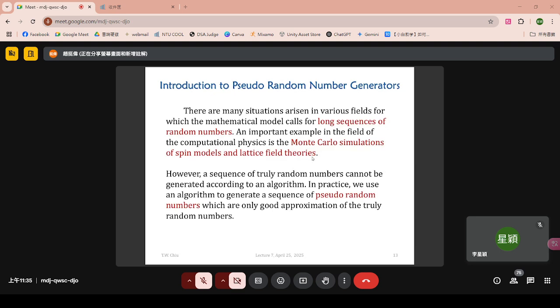Truly random numbers cannot be generated according to an algorithm. If you use an algorithm, you can at most generate a sequence of pseudo-random numbers, only a good approximation of truly random numbers.